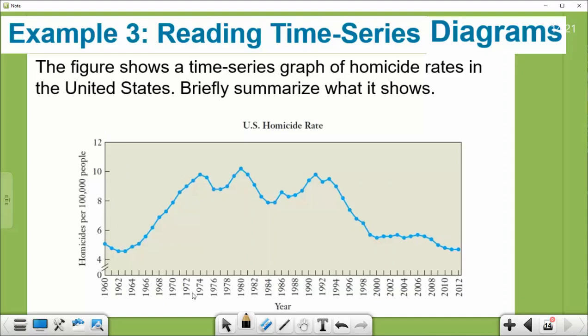So if we look at this, in 1960 there were 5 homicides per 100,000 people. It kind of dips down.